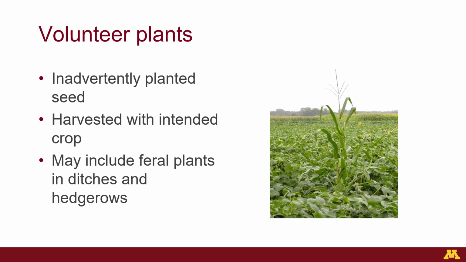This accidental seed replants itself and grows alongside your crop. Some crops like alfalfa and canola can become feral, meaning that they reseed themselves and produce self-sustaining weedy populations that can persist in and around crop fields. If these populations are GMO, they can also pose a contamination risk.